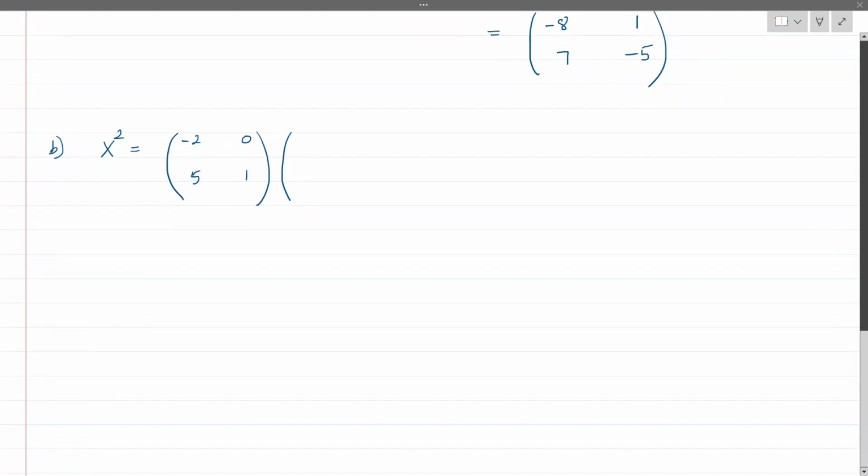Right. When we square something, we multiply it by itself.